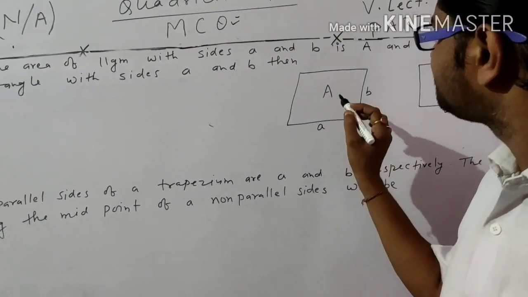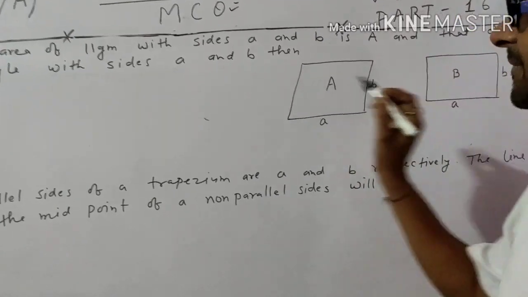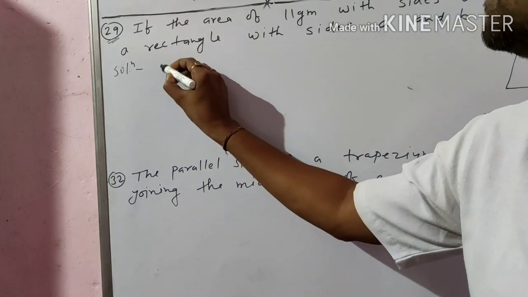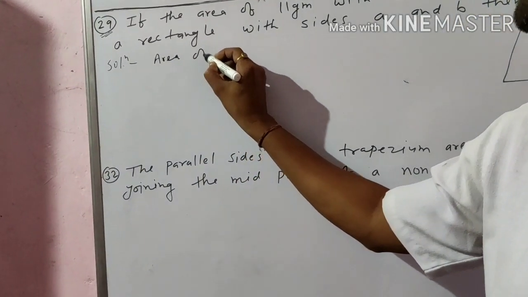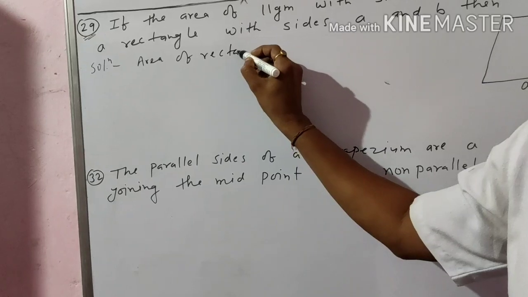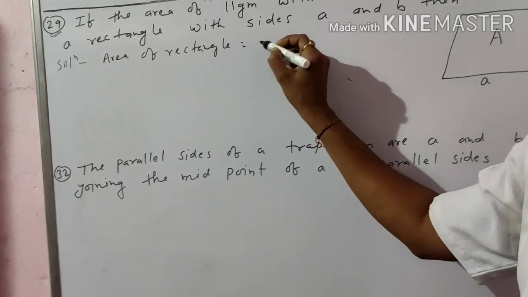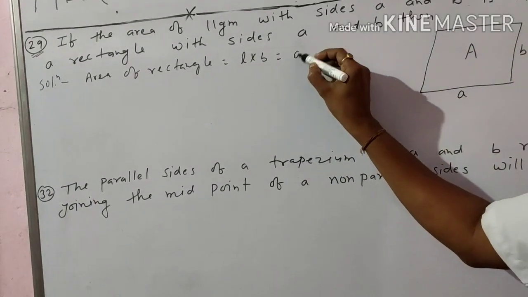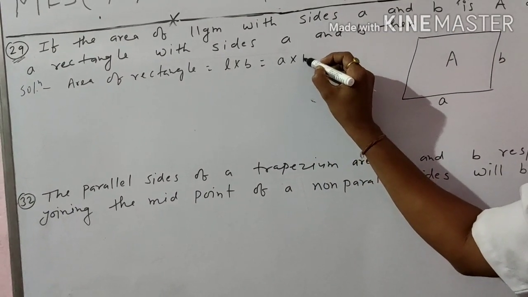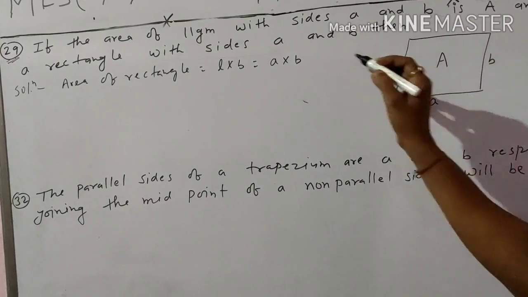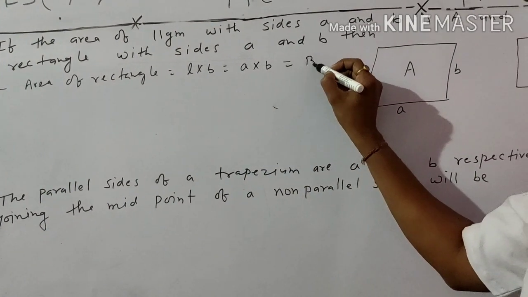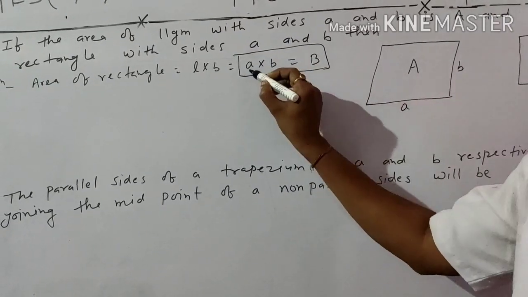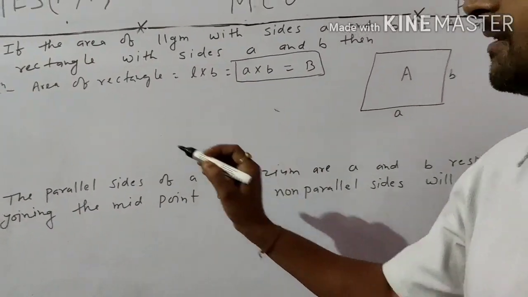So here, student, we know that area of rectangle is equal to L into B. That means L into B, that means A into B, and this value is equivalent to B. So we have the information capital B is equal to A into B.